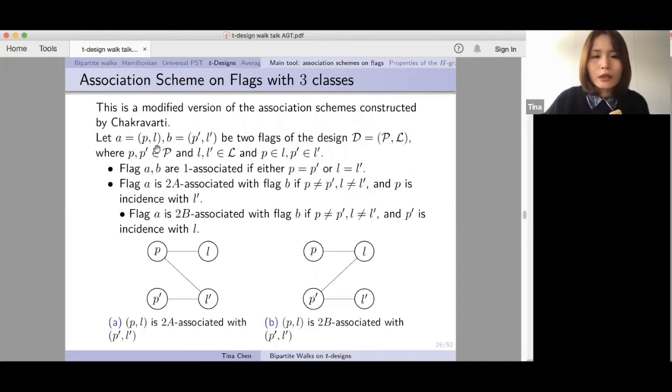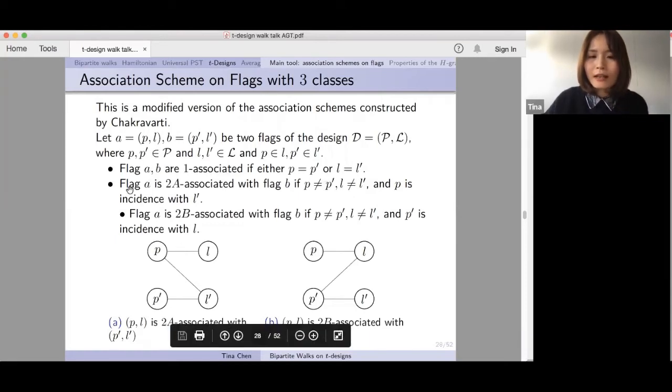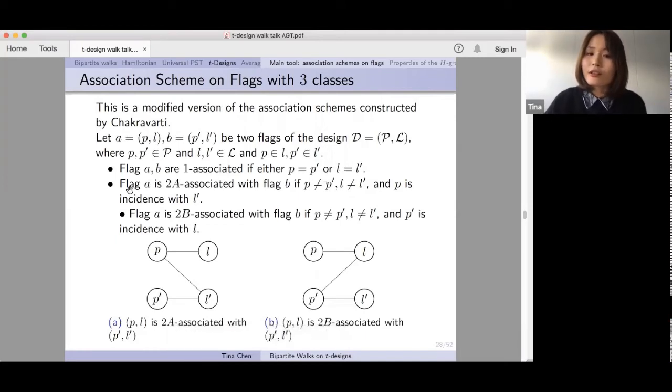In the three-class association scheme, given two flags, we say they are one-associated if they either share a point or share a line.